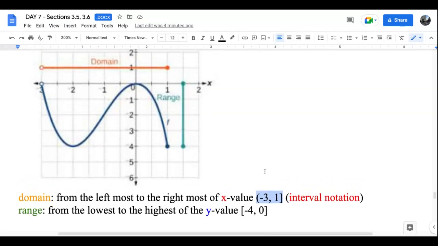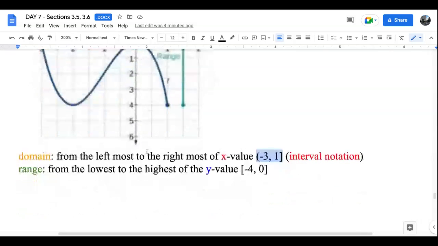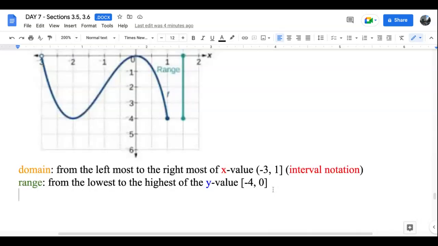Now we can check the range. Range we read vertically, from down to up. Starting from -4, going up to 0, both included. So we have bracket -4, comma 0, close bracket. That's the range of this function.